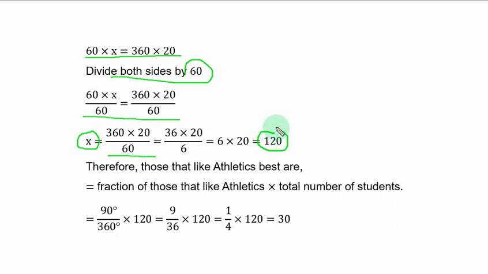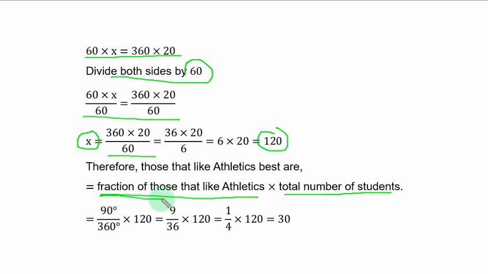120 students. With these total students, you can get those that like athletics best by using this simple expression: fraction of those that like athletics times total number of students gives those that like athletics best.